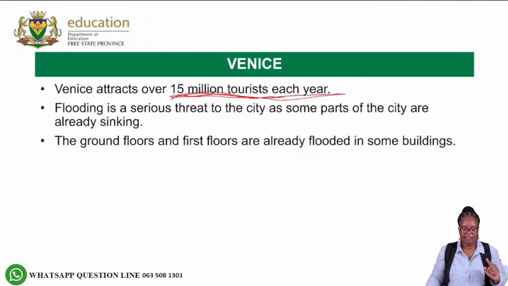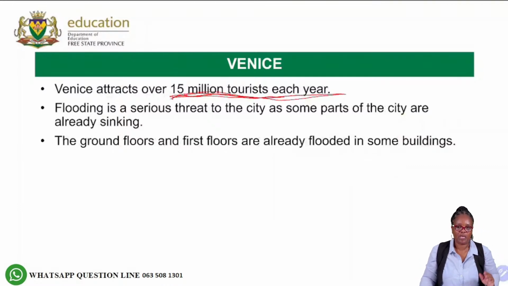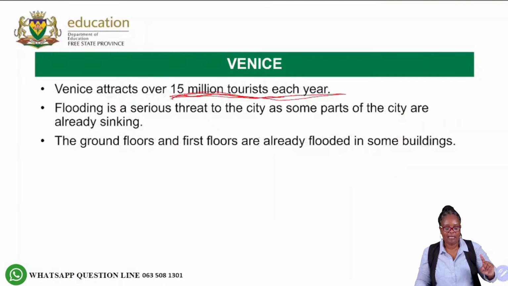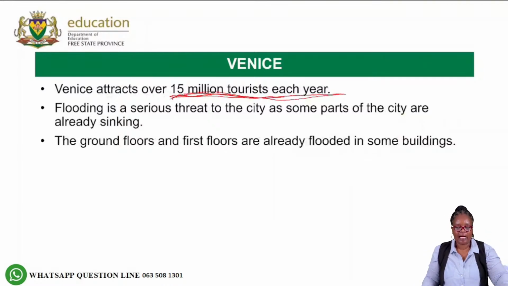Already some parts of the city are sinking. This is a threat to the tourism industry. The ground floor and the first floor are already flooded and are not being used. That is a threat, flooding.